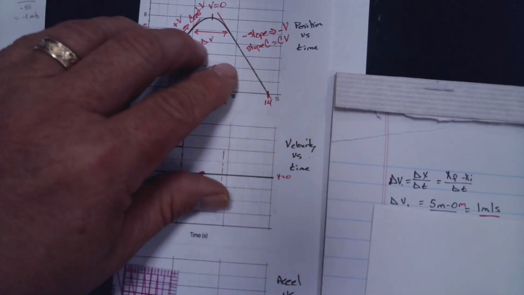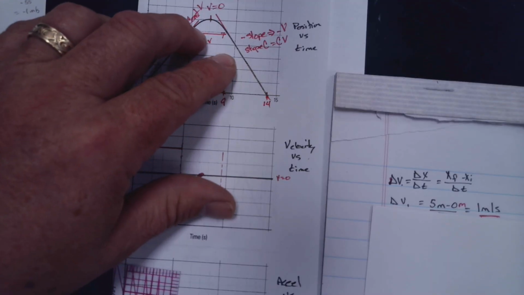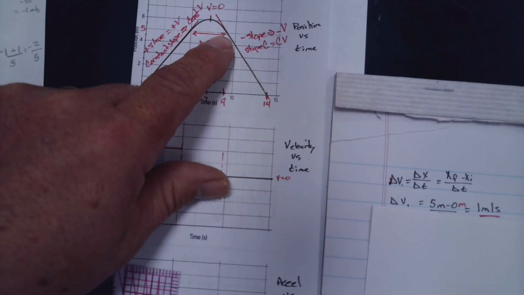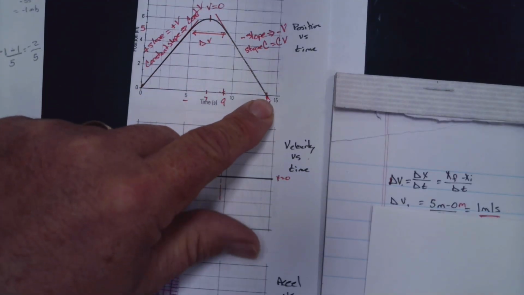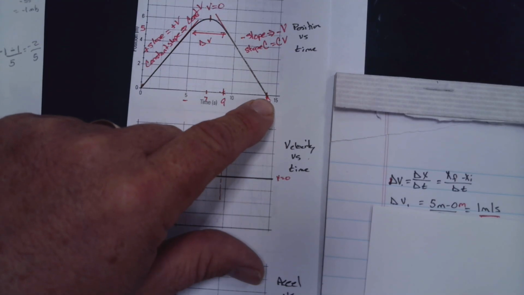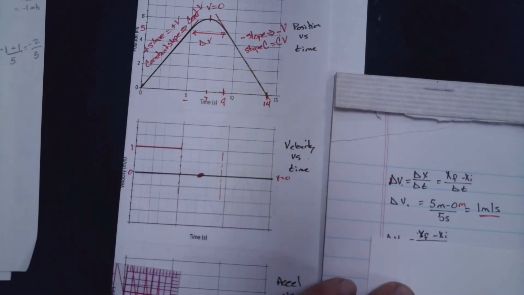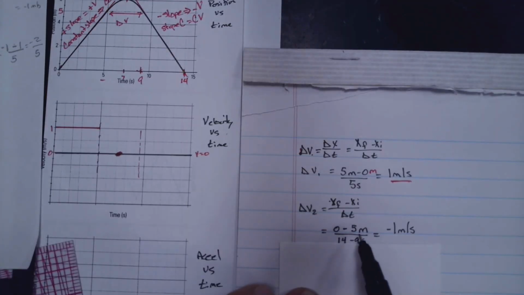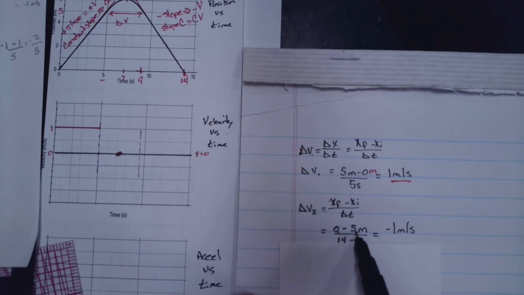So let's go to this slope. And my initial position this time is a positive 5, but my final, it's going to come to a stop. Or it goes back to the origin. I'm sorry. It goes back to the origin. So here's my final, where it came to, where I initially started position-wise.